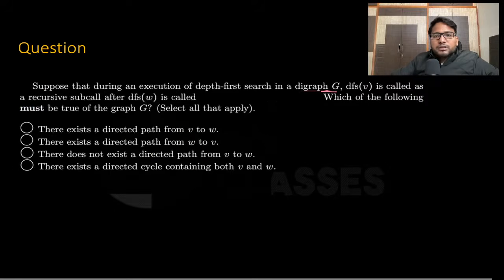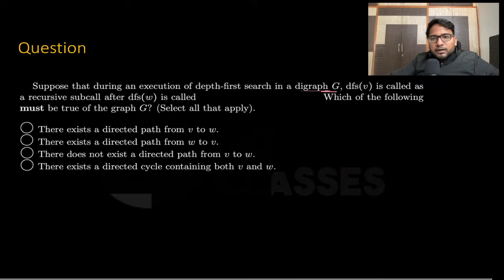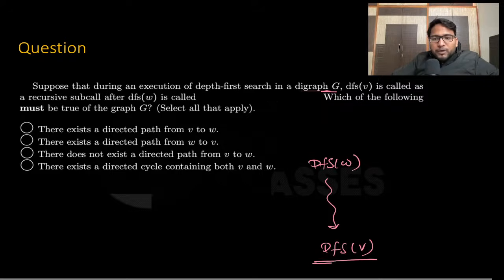In the earlier question they are saying, but before DFS of W returns. Now suppose they say that DFS of W you call, and then after some point in time DFS of V you call, but you don't know at this point in time maybe DFS of W is returned or not, right? You don't know. In that case, what is the answer?